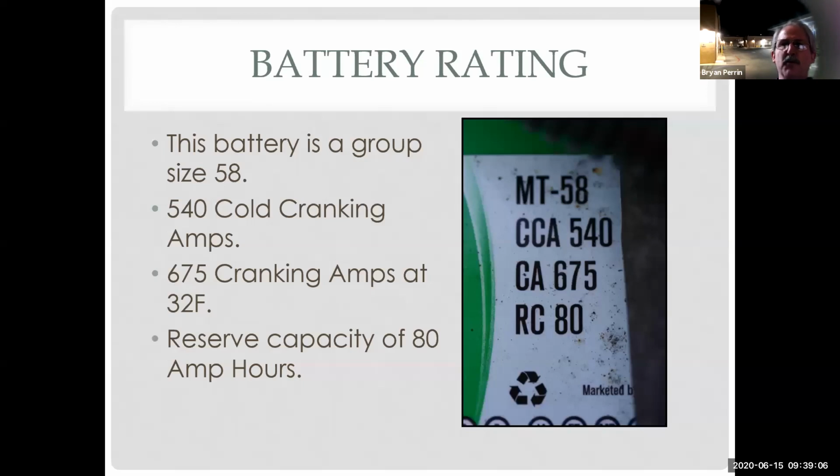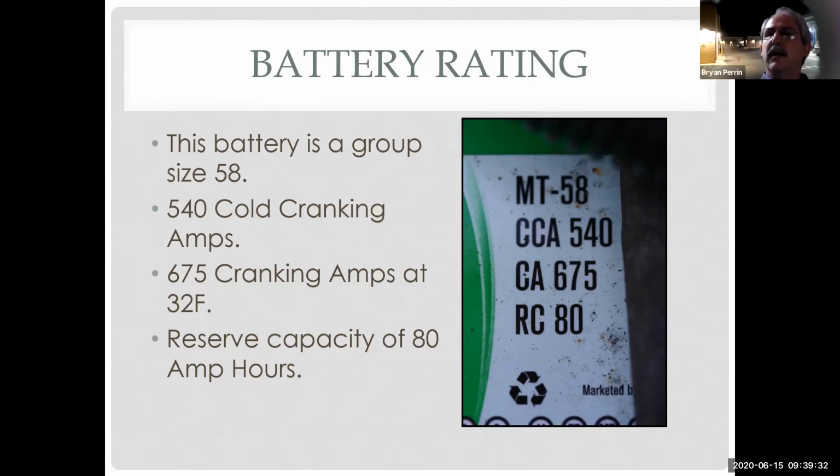Now, in that group size, I can normally buy a good, better, or best battery. I would be able to buy one that doesn't meet the minimum standards, but that is one of the things we'll look at. The other thing that will change between the good, better, best is how much reserve capacity I have. So the difference between a $50 battery and a $100 battery is more than just what you're paying for it.